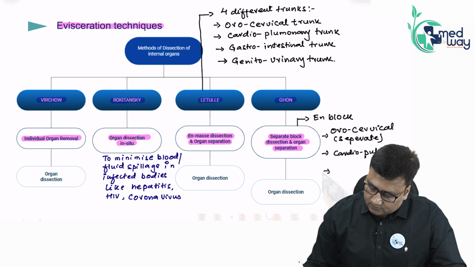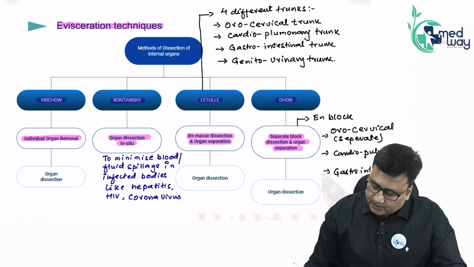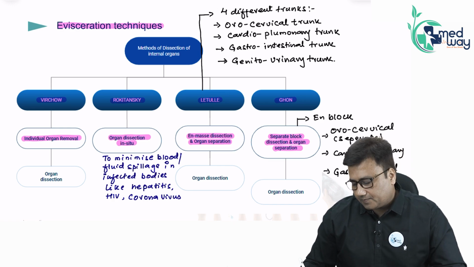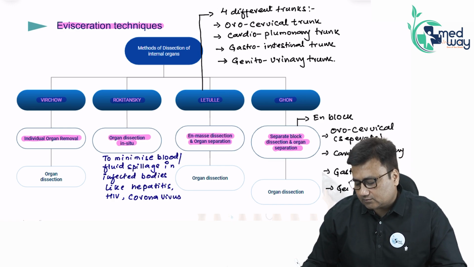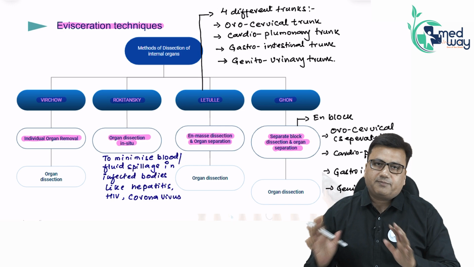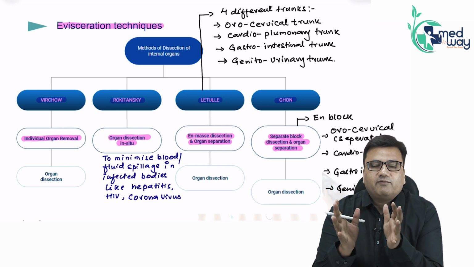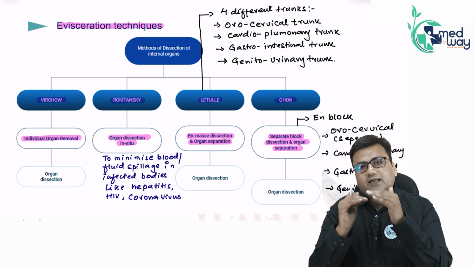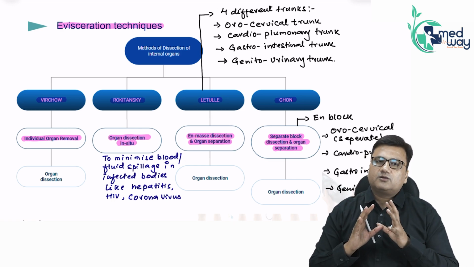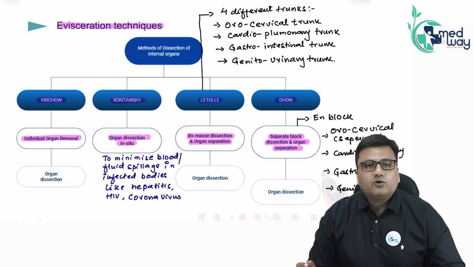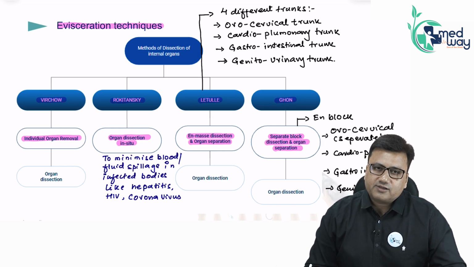We will have gastrointestinal trunk separate, and we will have genito urinary trunk separate. So, within the trunk, whatever organs are there, their relevant anatomy is maintained, but intertruncal anatomy is lost. This is called as Ghon's technique of organ dissection.